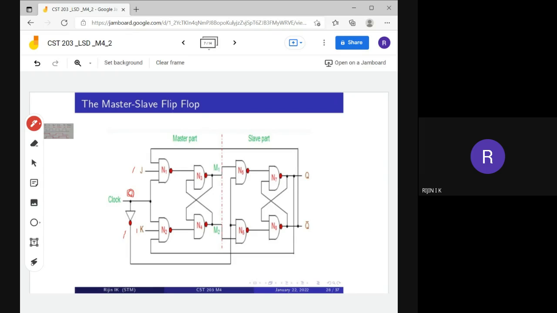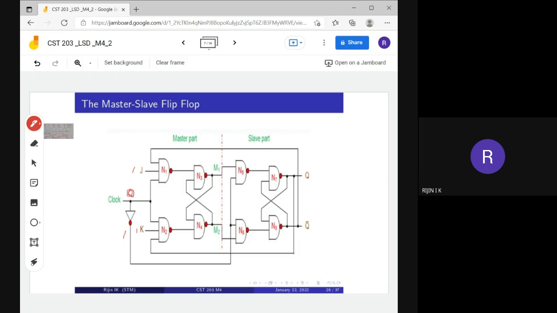If you are providing a 0 clock pulse, then this master part will be in a memory state and the slave part, that is Q, will be in the active state. So this is how the master slave flip flop is working. This is the working procedure.